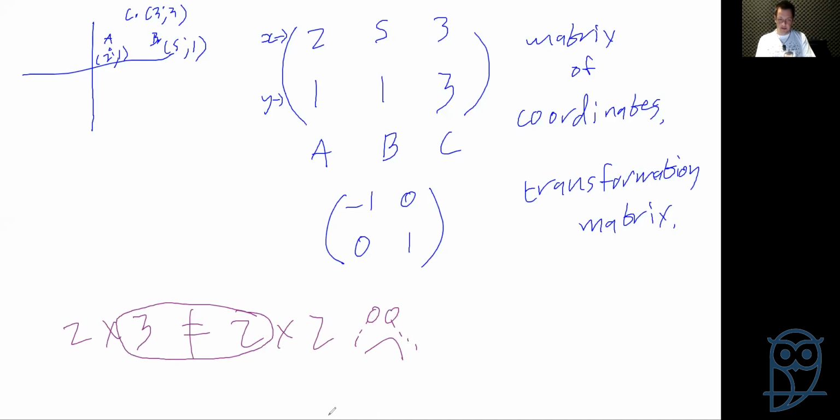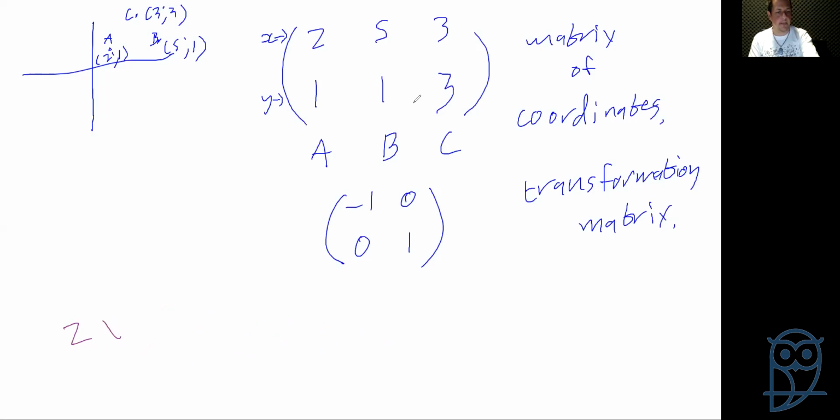So we have to swap them around. And therefore, we need to make sure always, irrespective of how many coordinates you have, you always put the transformation matrix first, because that way you will always have the right dimensions.